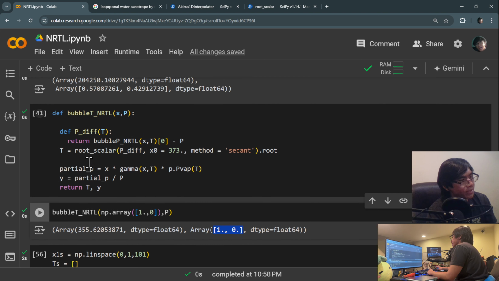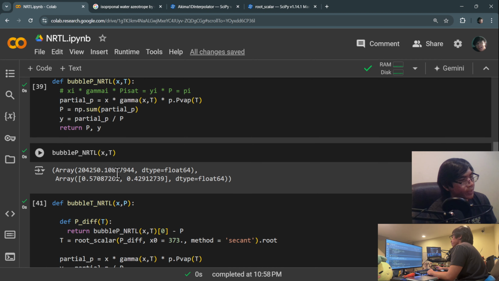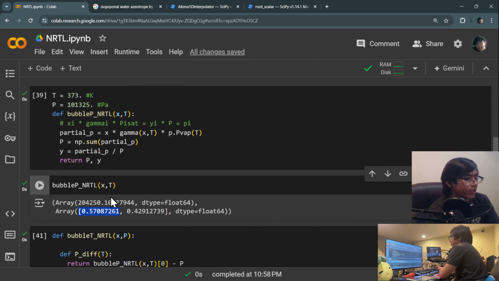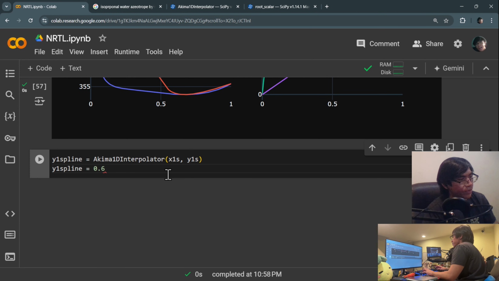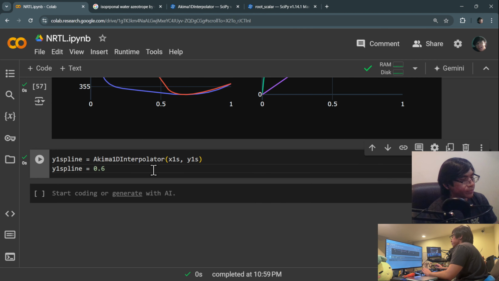Maybe something less obvious, like, so this is 0.5 of our bubble pressure. We're outputting vapor mole fractions. So if I find the liquid mole fractions associated with this, I think it's 0.6 and 0.4. Let's try it. See if I know what I'm talking about.